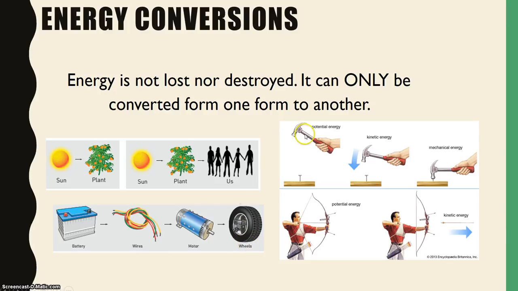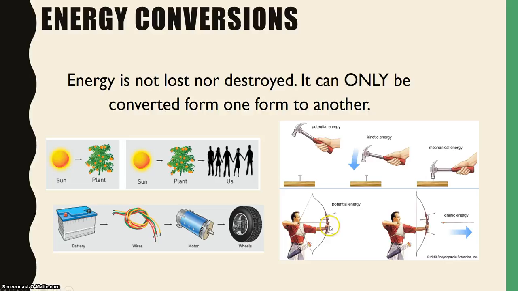Just like over here, you've got a hammer. It has gravitational potential energy, so the hammer could fall and hit the nail, which it does. That gravitational potential energy goes into kinetic energy, movement of the hammer, and then the movement of the hammer hits the nail, which gives it mechanical energy to push the nail into the wood.